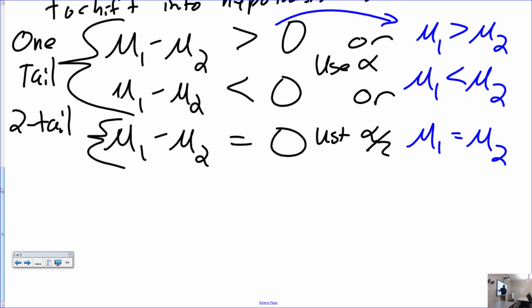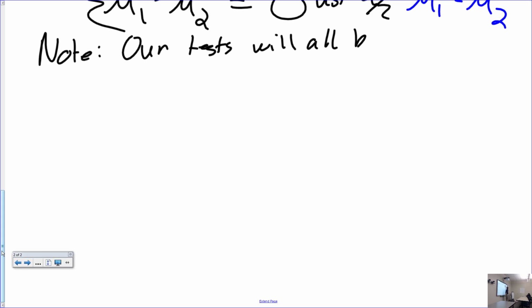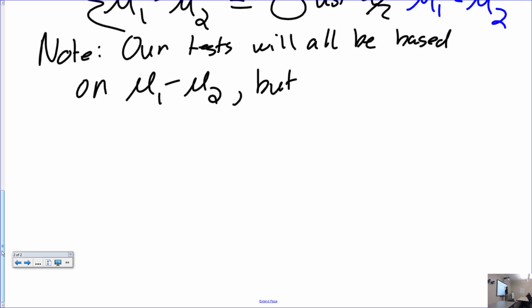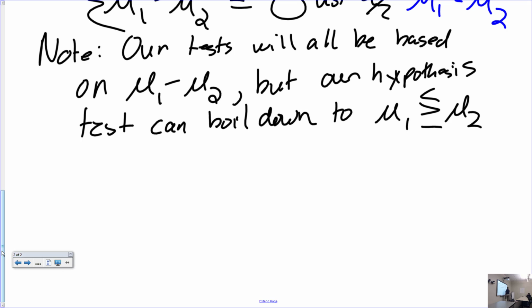All right, so note, our tests will all be based on mu1 minus mu2, but our hypothesis test can boil down to mu1 less than, greater than, or equal to mu2, okay?